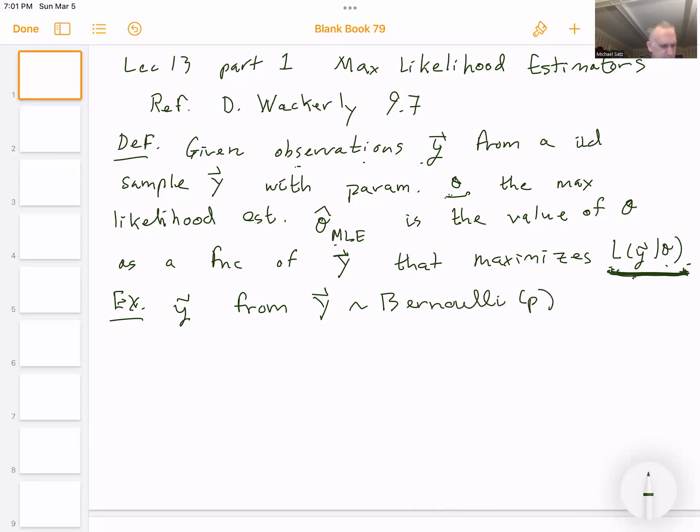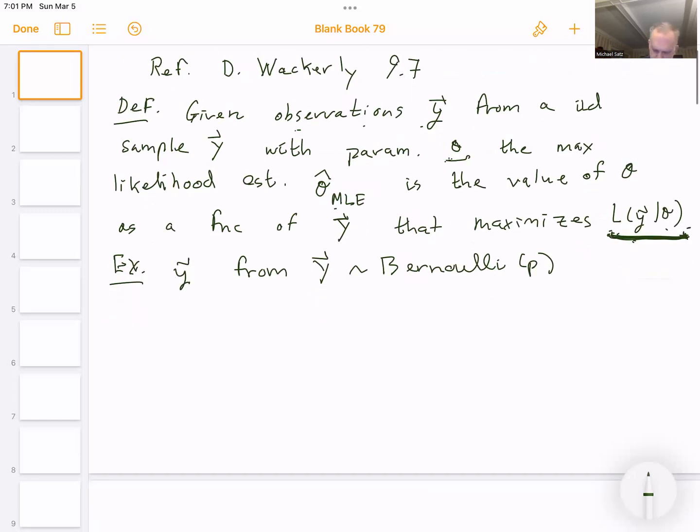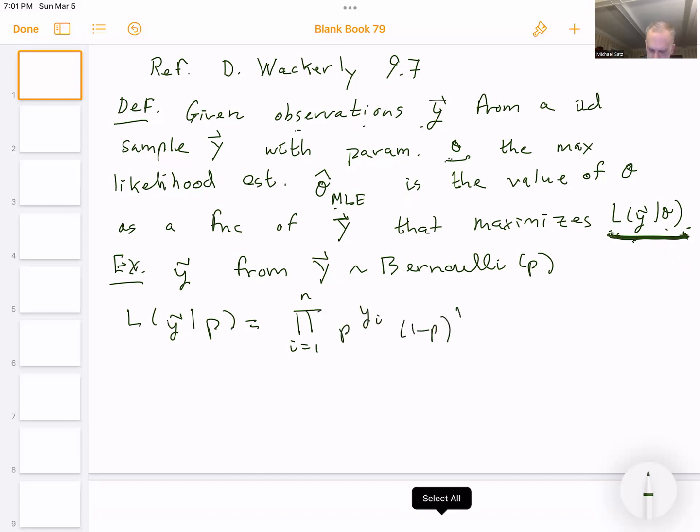So in other words, the usual thing, say just a general n samples. And so then first thing you do is you write the likelihood function. So L(y, p). Let's just write it out again. This is the product from 1 to n. Let's just put it in now. And here we have p^(y_i) (1 - p)^(1 - y_i).